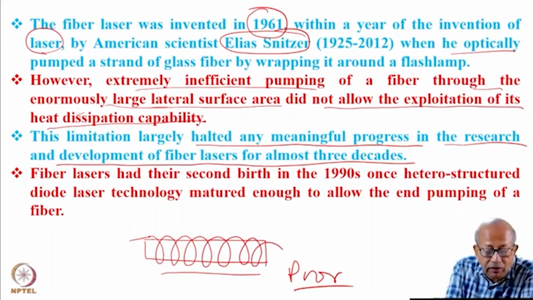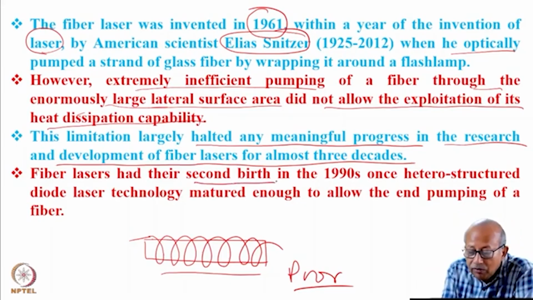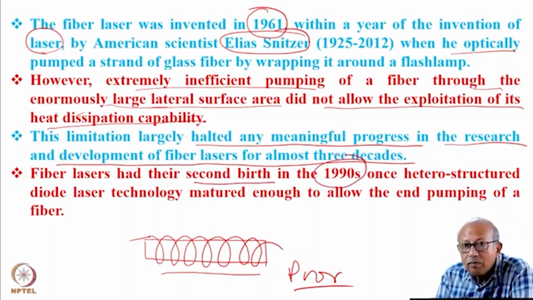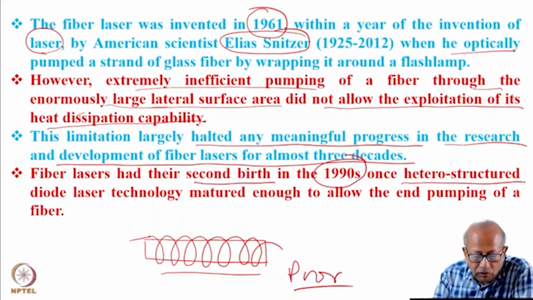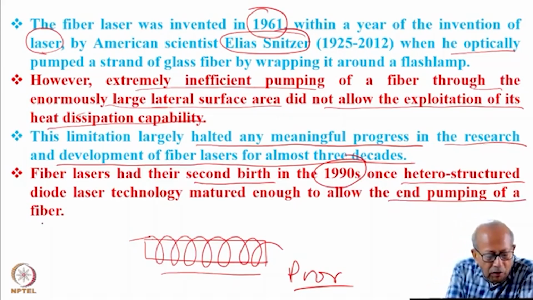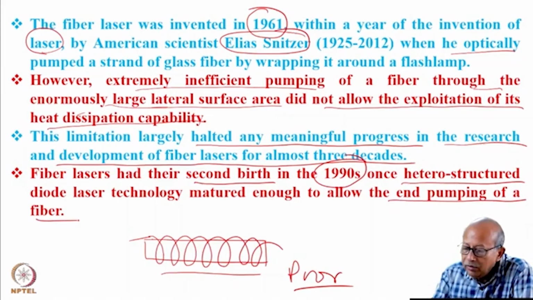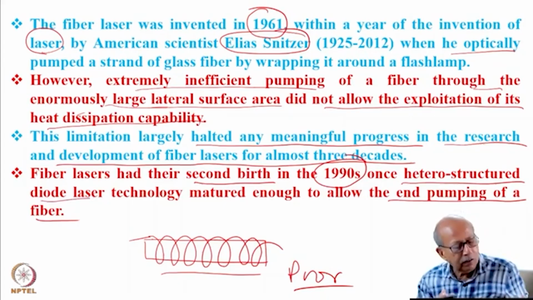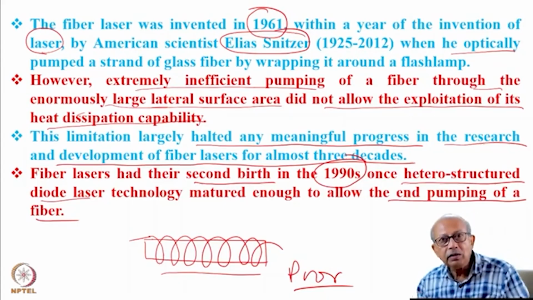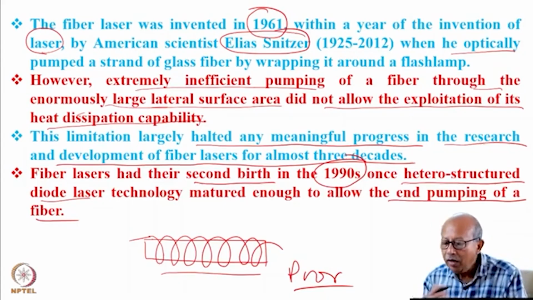However, fiber lasers had their second birth in the 1990s once heterostructured diode laser technology matured enough to allow the end pumping of a fiber. Heterostructured diode laser is basically a semiconductor laser. It is called either a diode laser or a semiconductor laser.